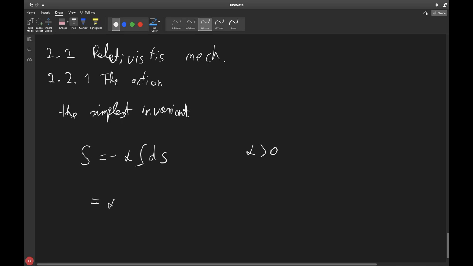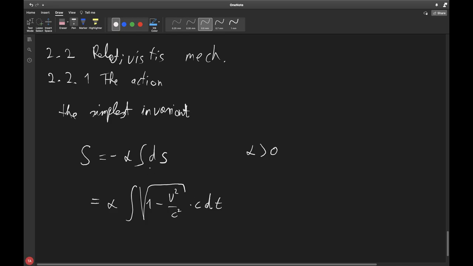We have alpha of the integral, and then put the definition of the square root of 1 minus v squared over c squared times c, and we can then move to the integration variable to be dt.